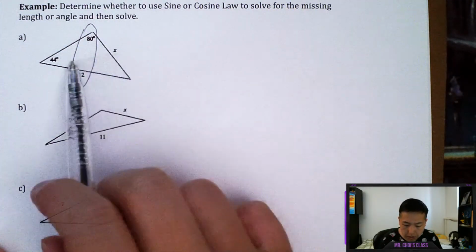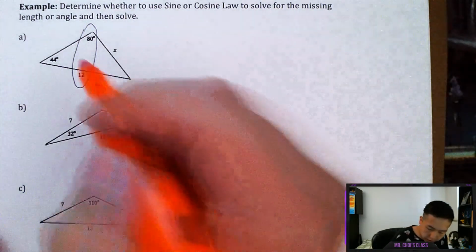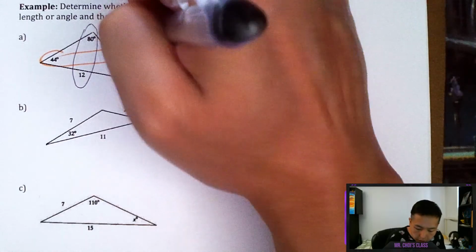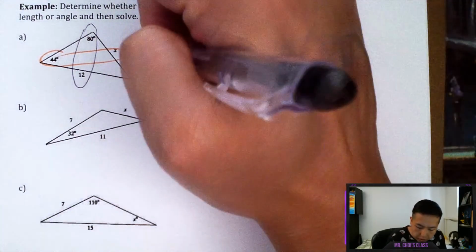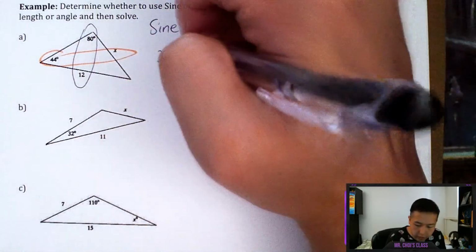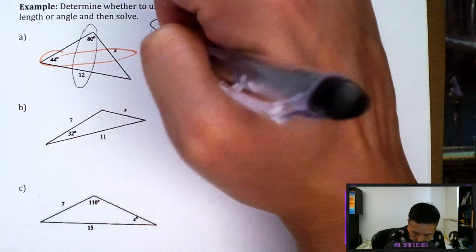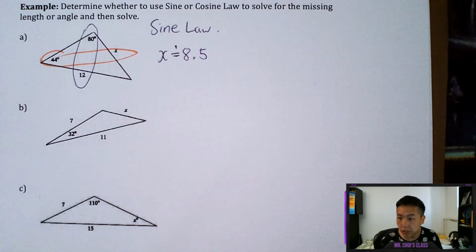And for my second one, that one also exists here, right? So since I have an opposite side, opposite angle pair, this is going to use sine law. And I'm going to tell you that x is equal to approximately 8.5. Okay, there's your answer, and I want you to try using sine law to solve for x.